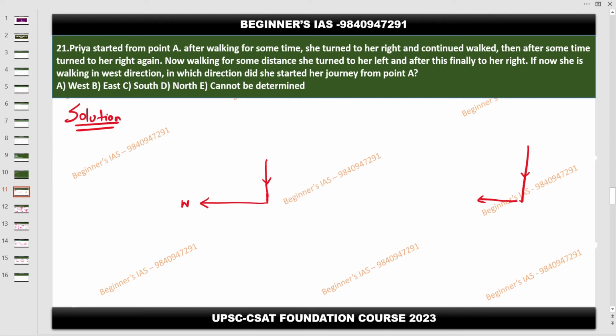So Priya must be traveling in the south direction before turning right. So this is the south direction. After turning right only, she is moving in the west direction. Now move on to the previous statement. So now this we have done. Then, walking for some distance, she turned to her left. Left means what? In this way she is walking towards west, then only this is going to be her left. Understanding?